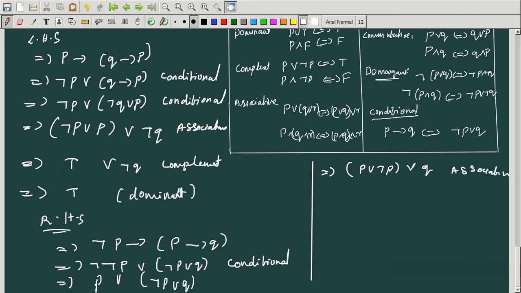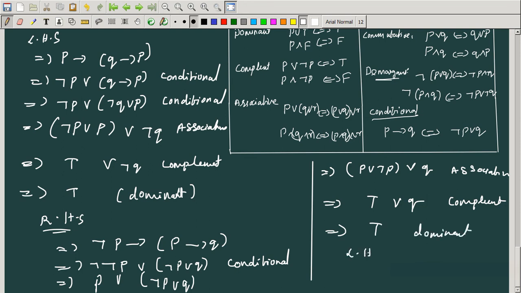Always mention associative. Then P or negation P is nothing but true by complement law. Always mention the law name. Then by the dominant law: if it is P or true, any proposition or true will come true. This is called the dominant law.